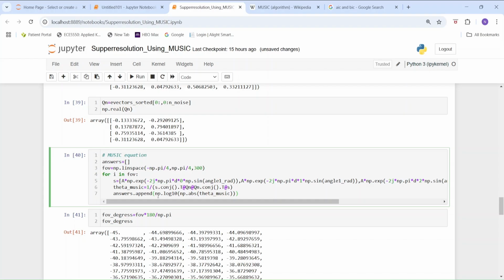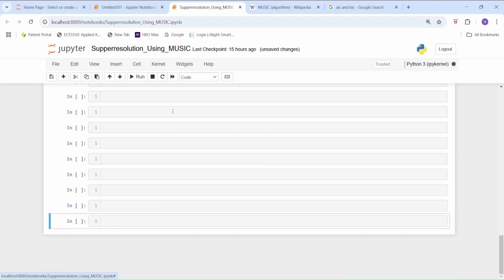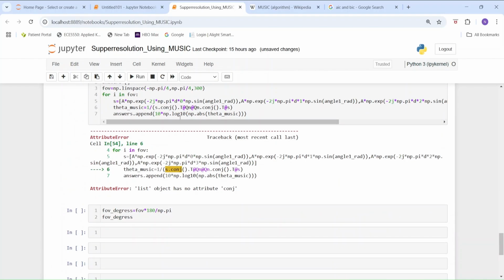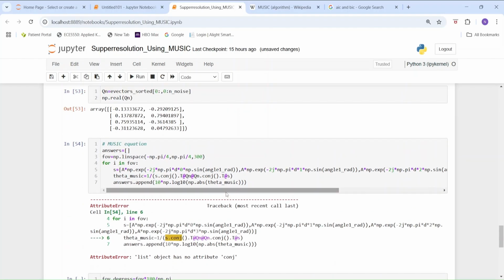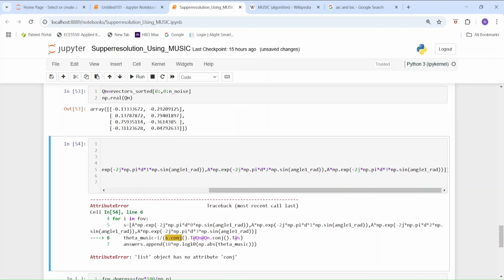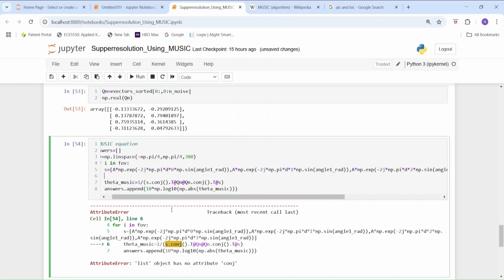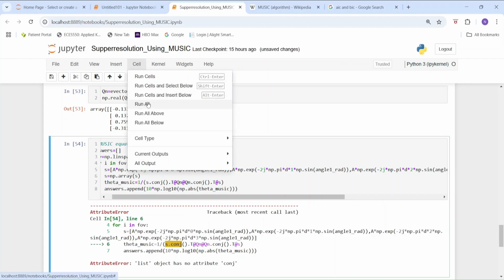Obviously this is a power, so you need to multiply this by 10. Okay, so I think we are all set if I'm not missing anything, so let's run it. Okay, I'm missing something, and I think you also know what I'm missing, because this S is a list, so I have to convert that into a numpy array. Okay, and let's run it again.